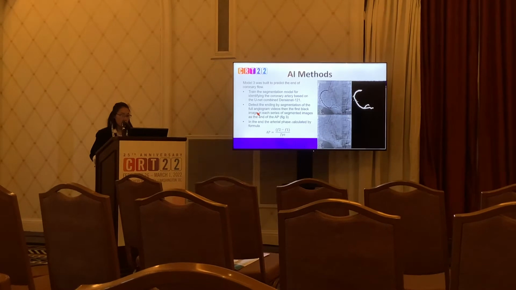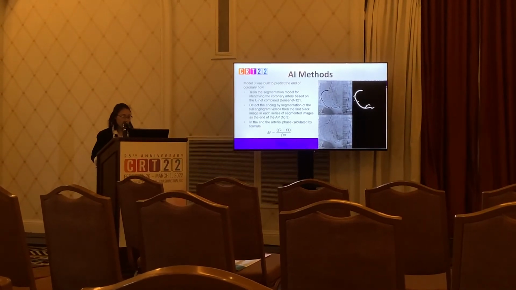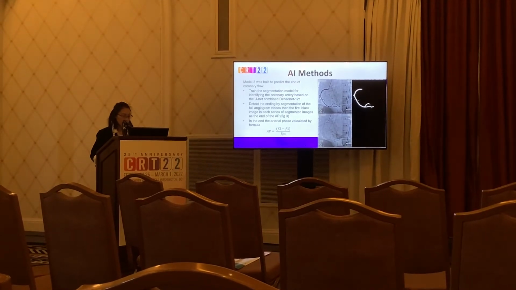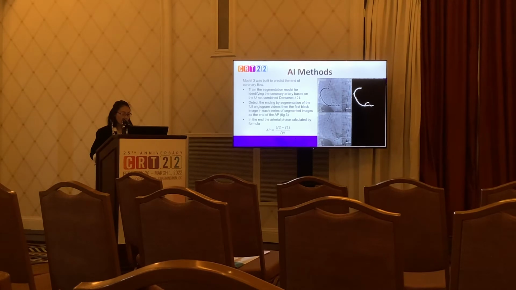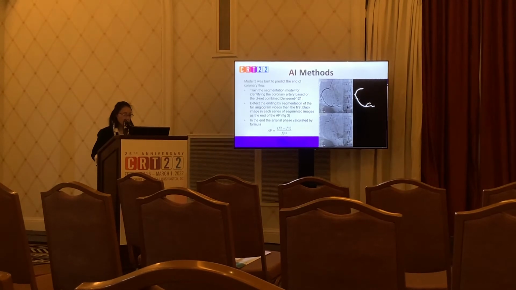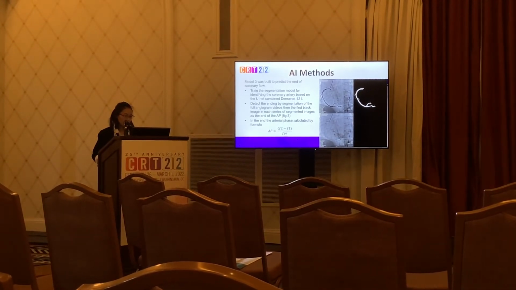Finally, model 3 is built to detect the end of the coronary flow. It detects the ending by segmentation of the full angiogram video, and then the first black image in each series of the segmented images. This is the end of the arterial phase, like this.